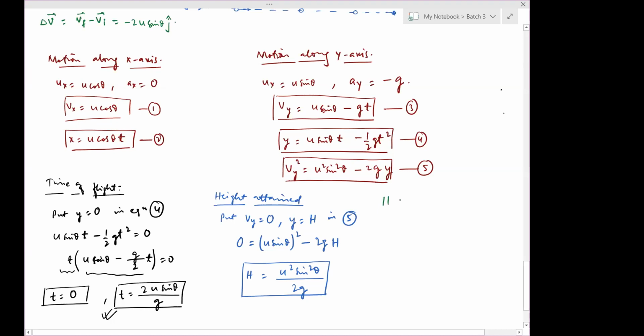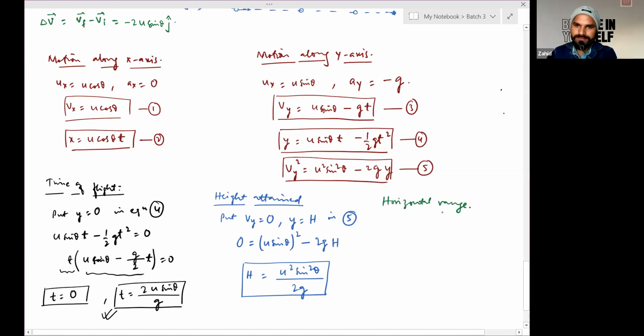Next is horizontal range, or horizontal distance traveled by this body. Put x equals R and t equals time of flight in equation 2. You will get R equals u cos theta times time of flight, which is 2u sine theta divided by g.